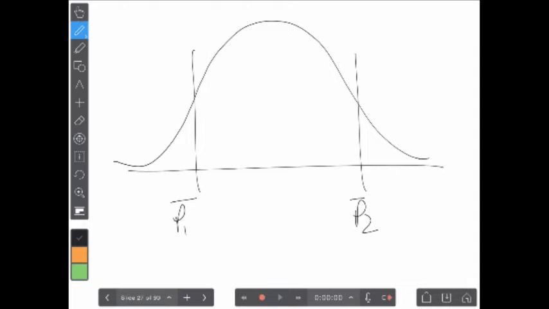So my curve would change. Let me see if I could use a different color. Let me do this over again, maybe a little nicer.